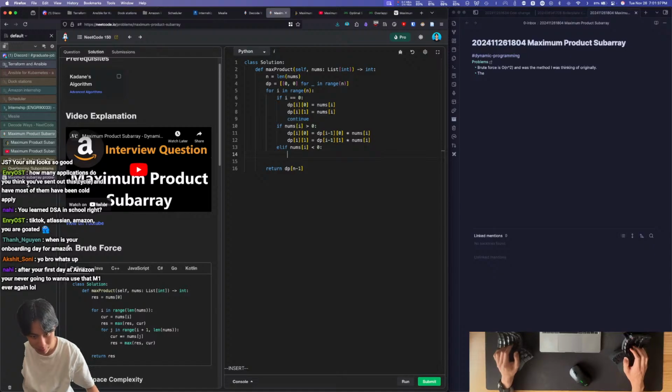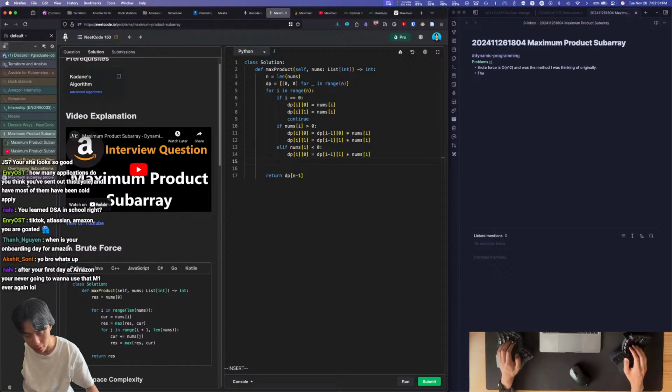So, okay, dp of 0 this time. Because it's less than 0, we need to use the negative value. Gosh, that takes forever. Okay. Times nums i.